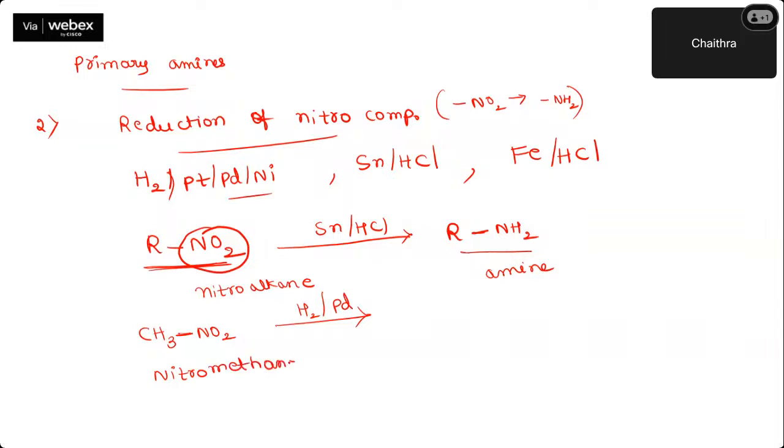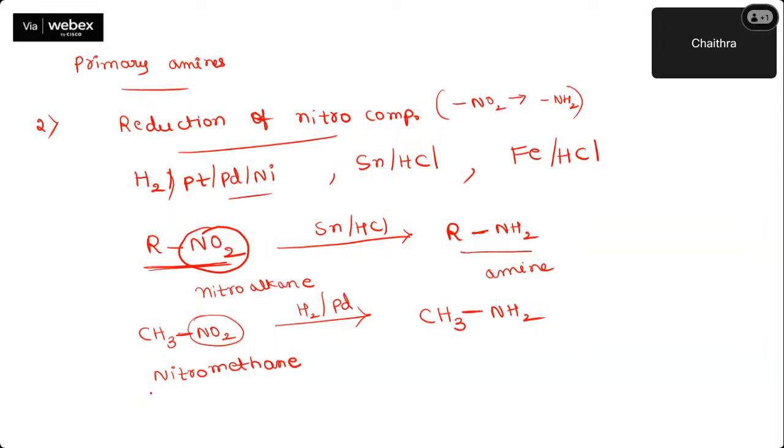One. So it's called nitromethane. What is the product? You have to just convert the NO2 group to NH2. Very good, Lakshmi. CH3NH2, this is methanamine.